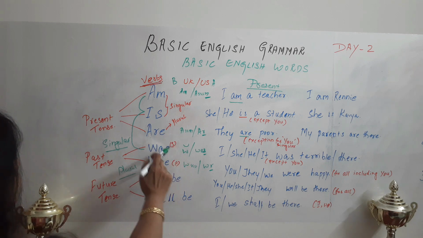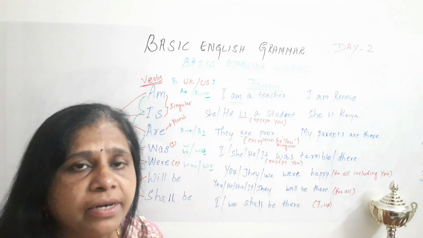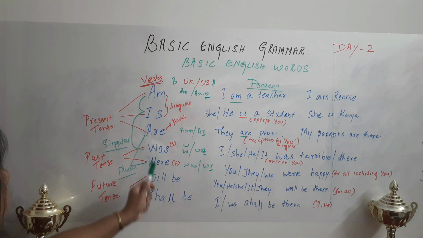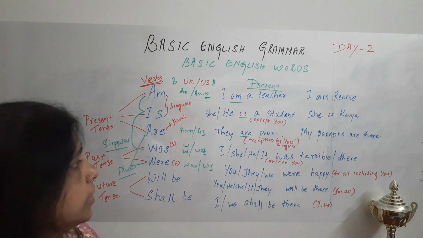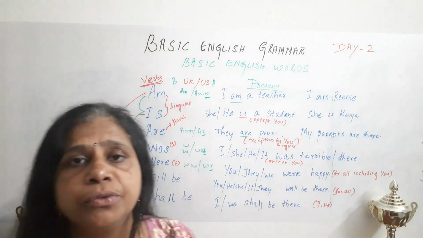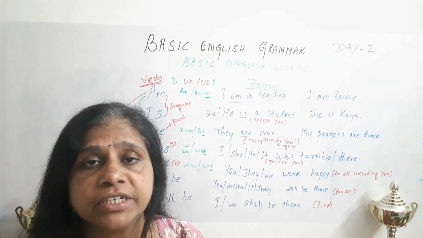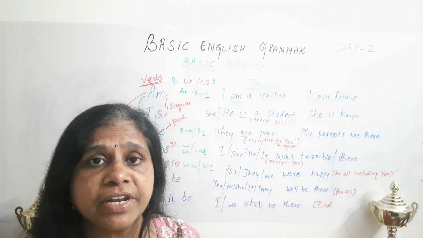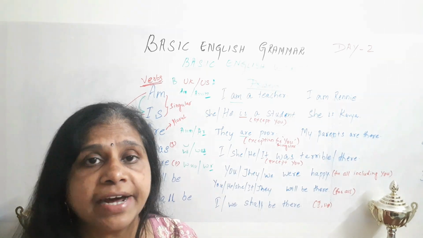"Are" and "were" we use for plural, and "am", "is" and "was" we use for singular. Dear friends, what you should do is watch this video repeatedly. If you have any confusion, you can comment and let me know. As well, if you repeat and see the video, you will understand better.